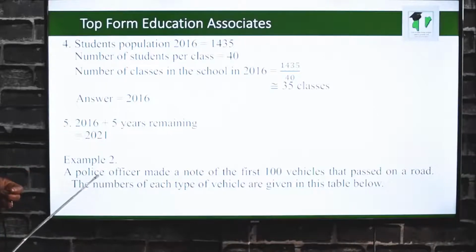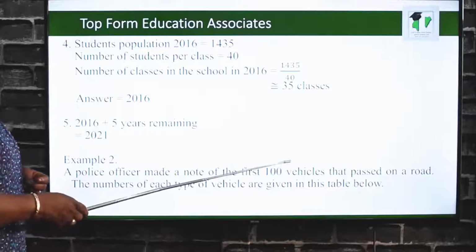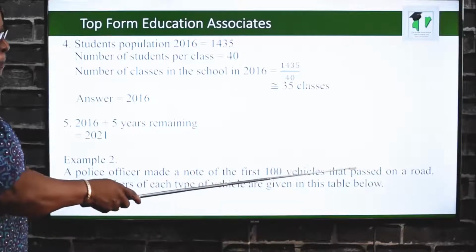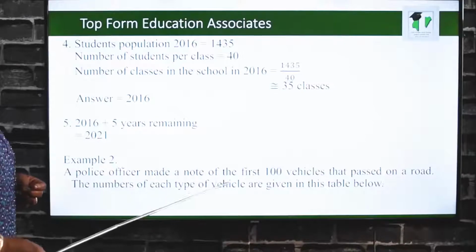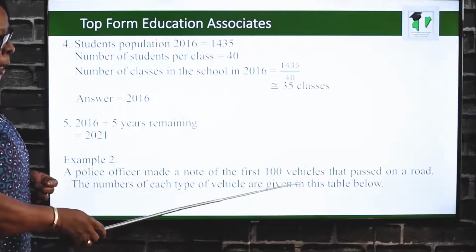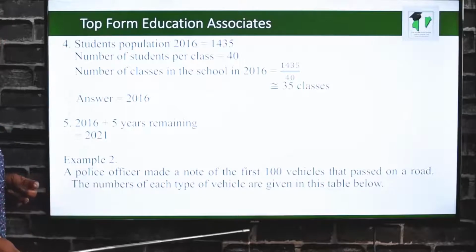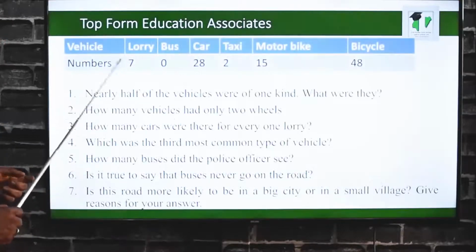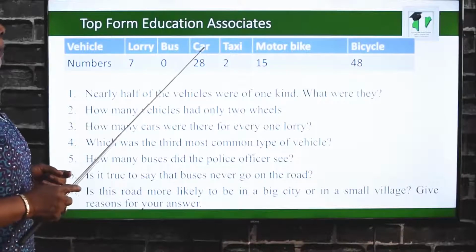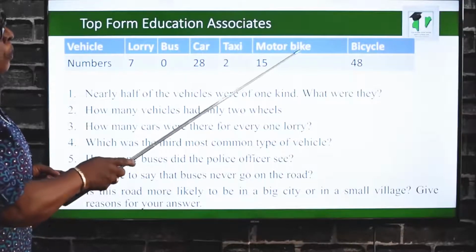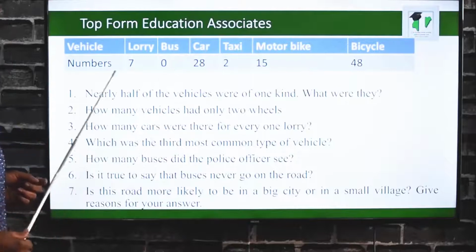Example 2. A police officer made a note of the first 100 vehicles that passed on a road. The numbers of each type of vehicle are given in this table below. The types of vehicles are lorry, bus, car, taxi, motorbike, and bicycle.